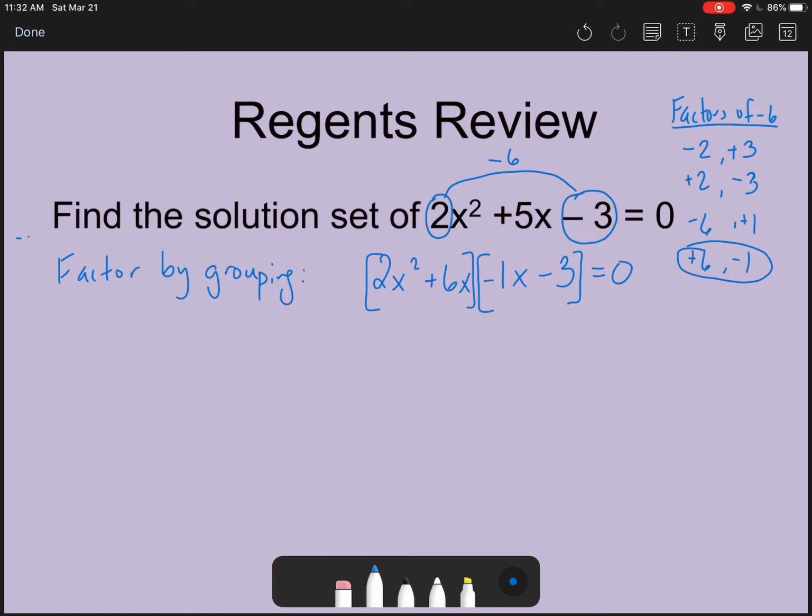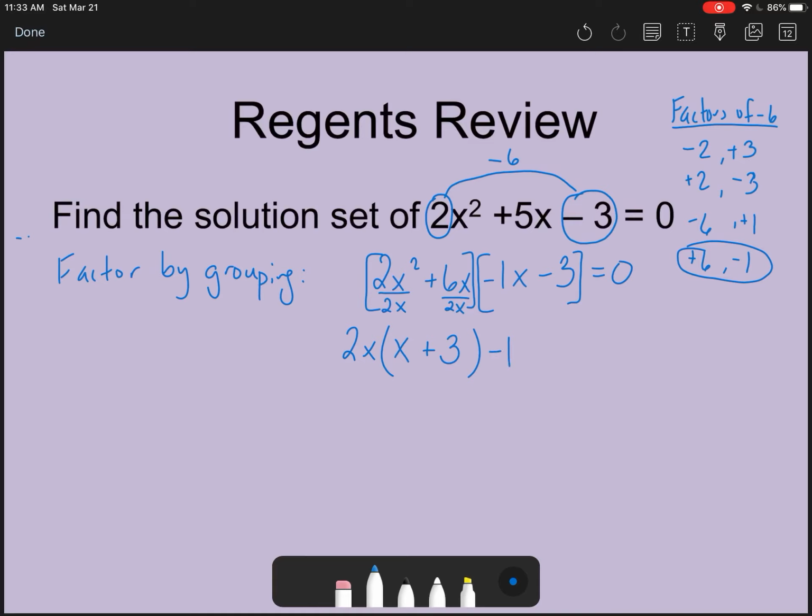What's the GCF of 2x squared plus 6x? That's going to be 2x. So we're going to factor that out. And what's left in the parentheses, we're going to divide both by 2x. So 2x squared divided by 2x is x. 6x divided by 2x is 3.